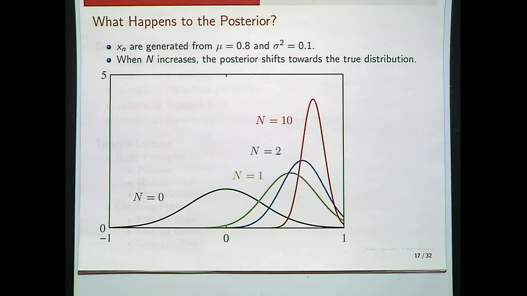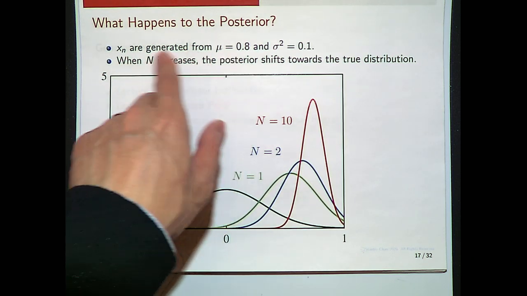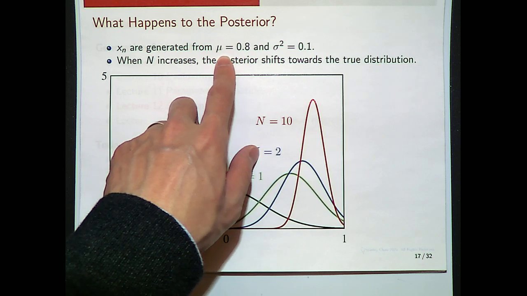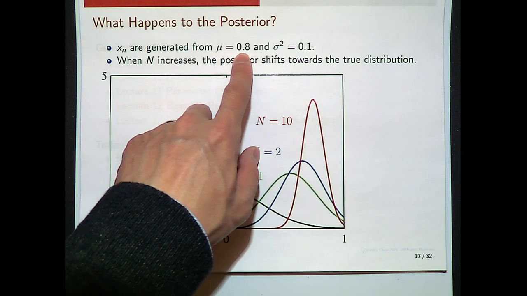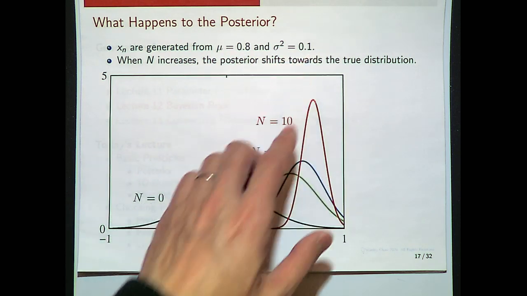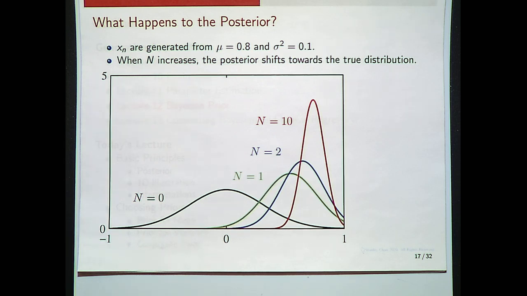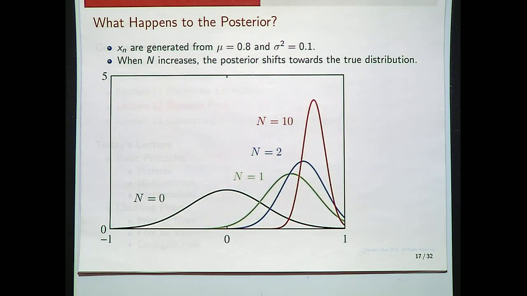Now, pictorially, what it means is this. Suppose I really generate the data from a distribution of mean 0.8 and variance of 0.1. That is my data set. If I do not have any measurement, then I will just follow my prior distribution. The black curve is my prior distribution.